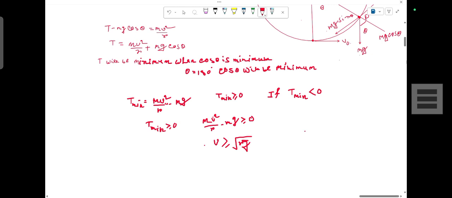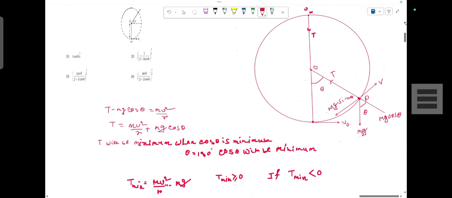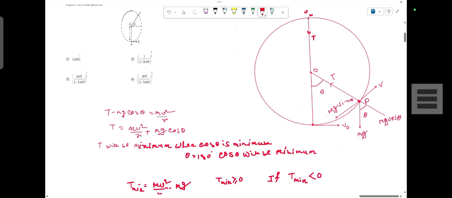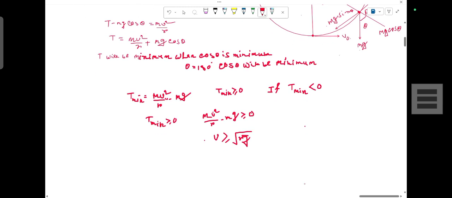That means when tension is 0, at that point, the velocity should be root over rg. I have already written here.